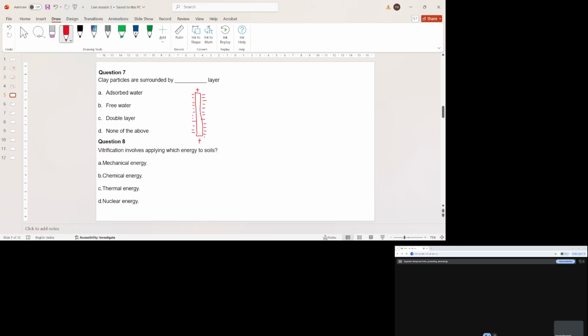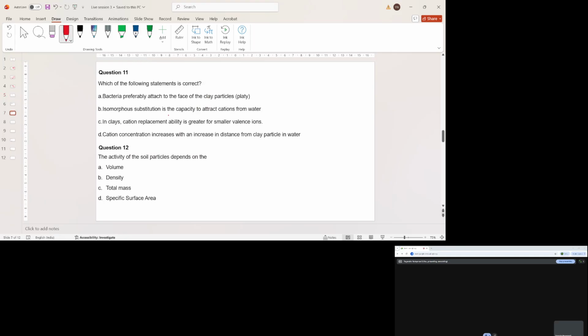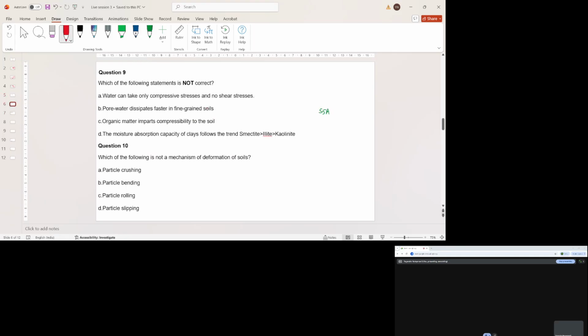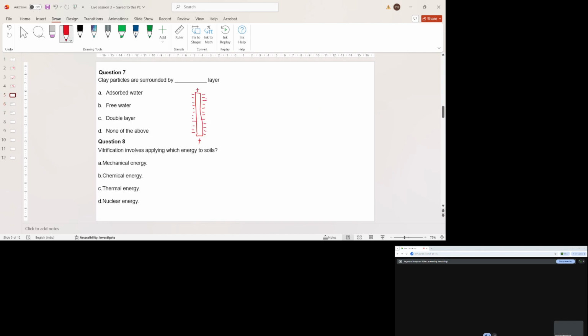Here cations are adsorbed in a very large manner along with water.